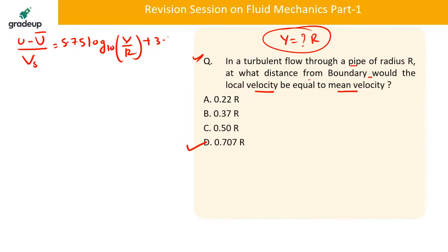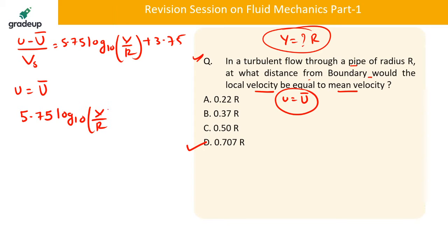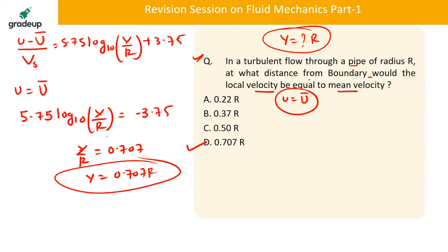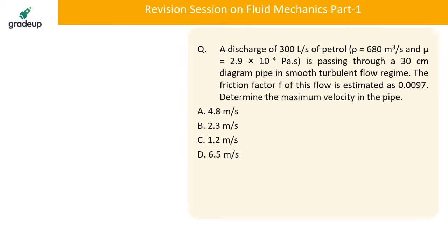You have to find the relation when the local velocity becomes equal to the mean velocity. When local velocity equals mean velocity, the left-hand term becomes 0. In that situation, 5.75 log base 10 of y by r is equal to minus 3.75. If we solve it, we get y by r equal to 0.707, or y equals 0.707 r.